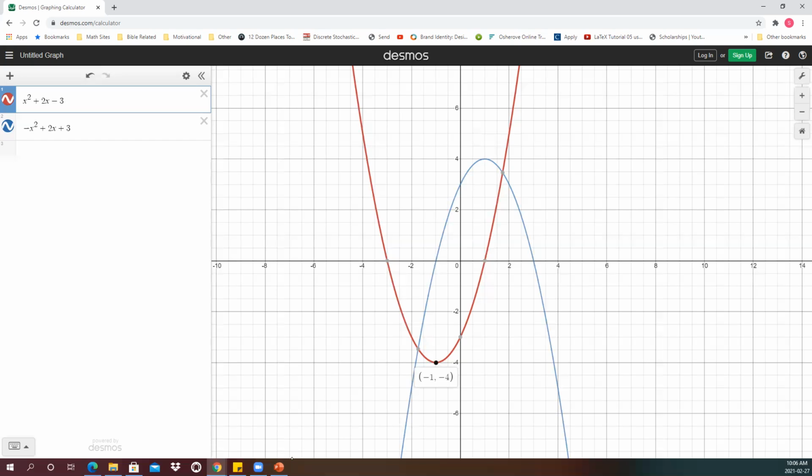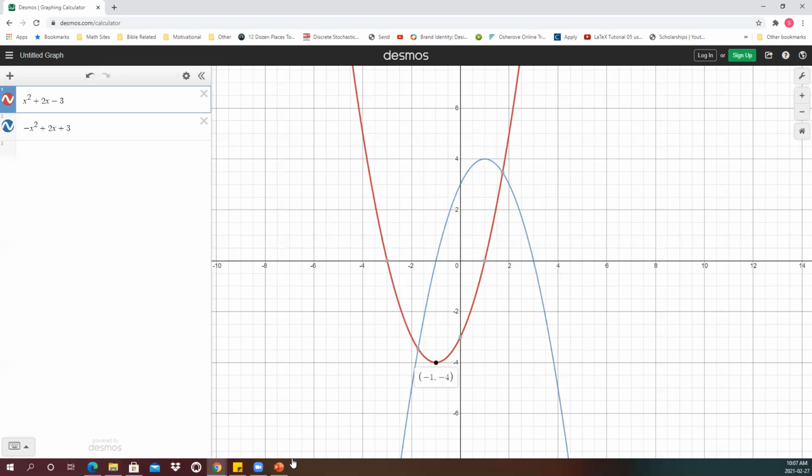Another thing I want you to bear in mind, just for observation purposes right now, is that your maximum value is more often than not a positive value, whereas your minimum value is usually a negative value.